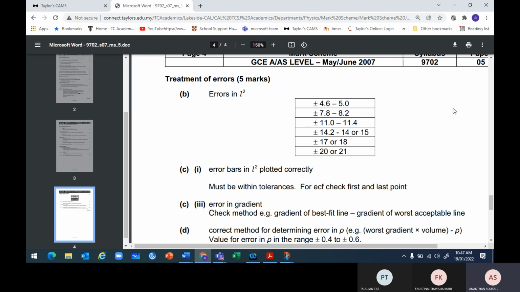Just want to confirm, the error bar in L squared. In this case, L is your x-axis. So horizontal error bar. Okay, class, the axis is already in your graph. Check the question in the lab manual. There is a graph there, and the scale is already stated over there.